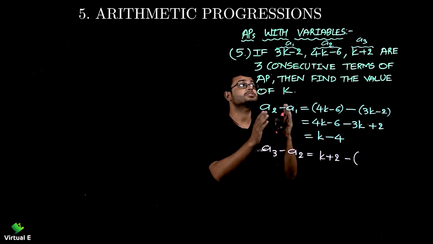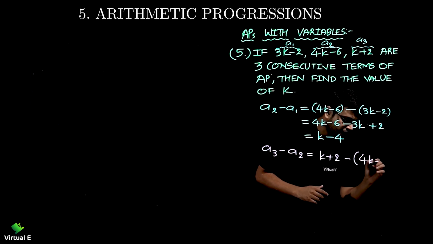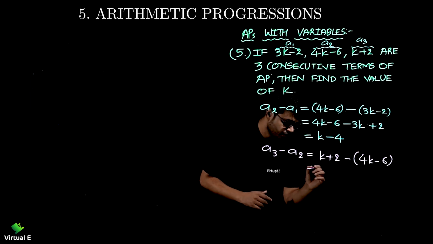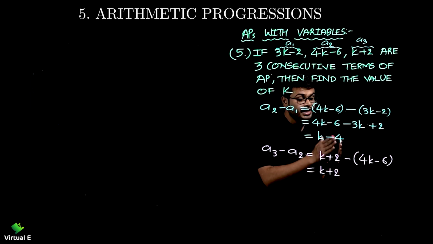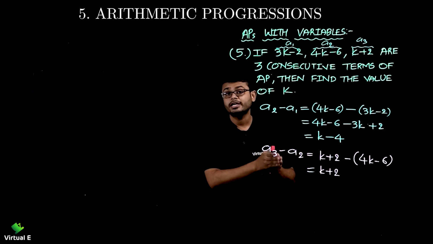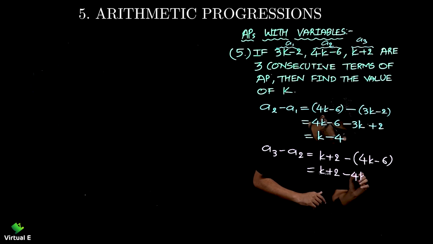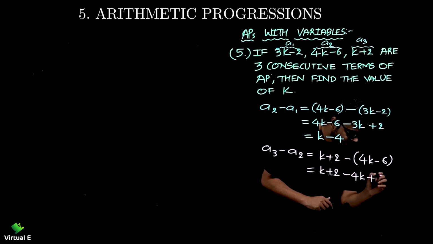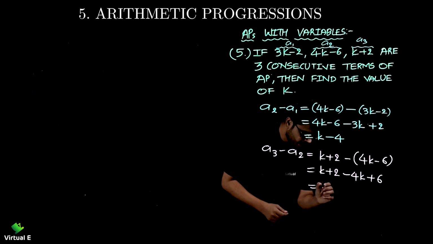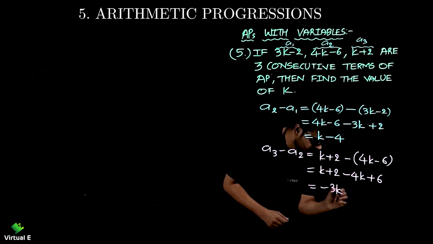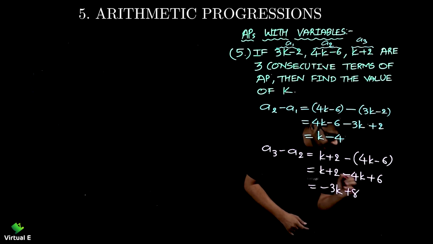Why bracket? Because there are two terms, 4k minus 6. So here k plus 2 as it is. There is a negative sign before the bracket, so I need to change the sign of each term. So minus 4k and minus 6 will become plus 6. So let's solve. K minus 4k will give you minus 3k, plus 2 plus 6 will give you plus 8.